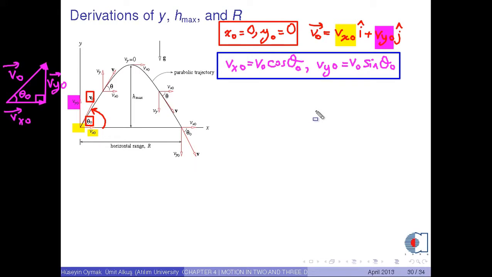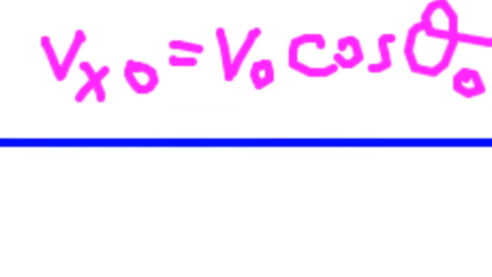Now, there are only two equations that govern the motion on the horizontal x direction. The first one is Vx equals Vx0 equals V0 times cosine theta 0, which is constant. The constancy of the horizontal velocity is clearly illustrated in this figure.